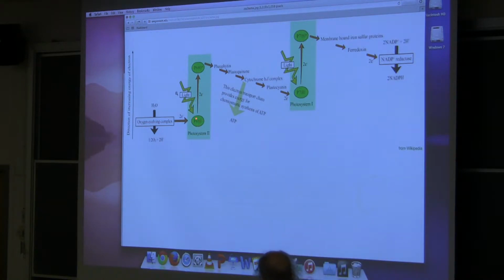That causes the molecule that's left behind, this P680 molecule, to lack an electron, and it really, really wants an electron. So how does it get electrons?